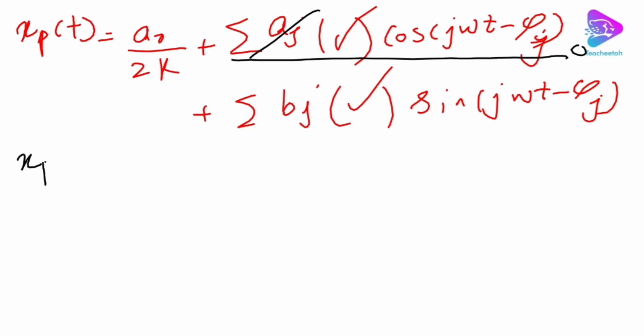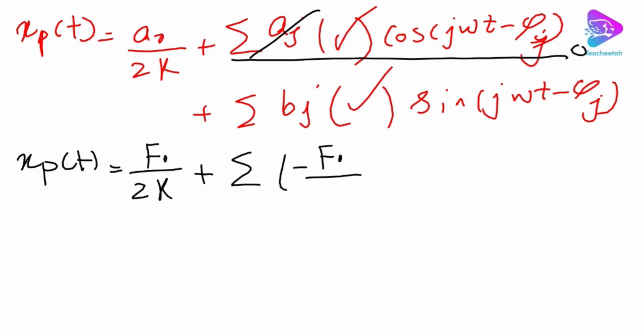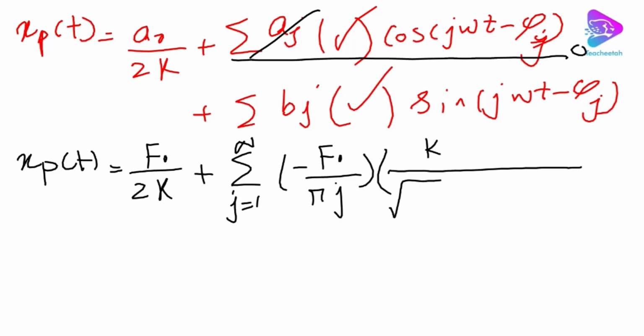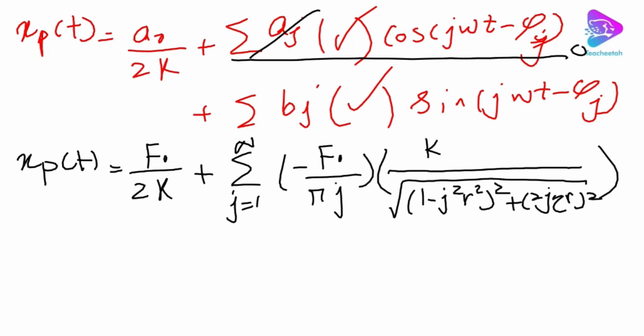So xp(t) is equal to f naught divided by 2k, since a naught was f naught, plus sigma of bj, which is minus f naught divided by pi j, with j varying from 1 to infinity, times the function we have, which is k divided by square root of, I'm sure that you can remember that, or you can find it in my previous slides, (1 minus j squared r squared) squared plus (2 j zeta r) squared, times cosine(j omega t minus phi j).